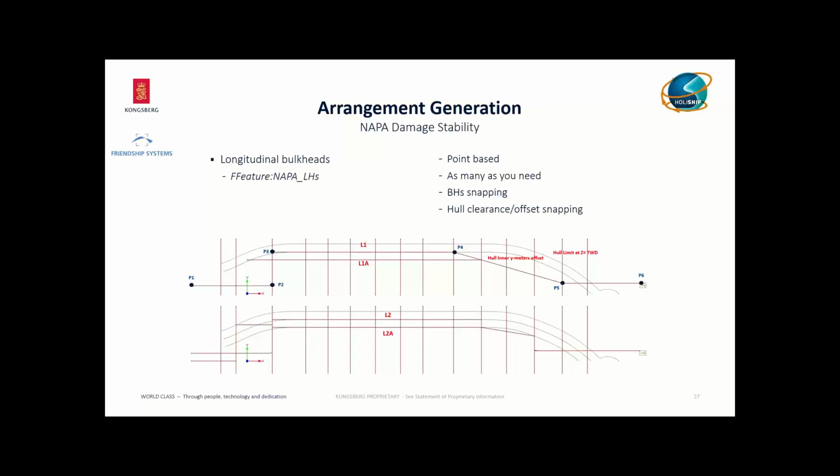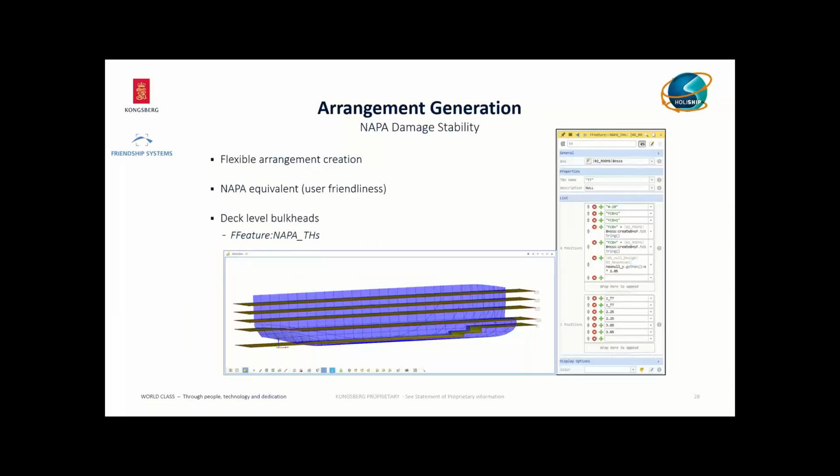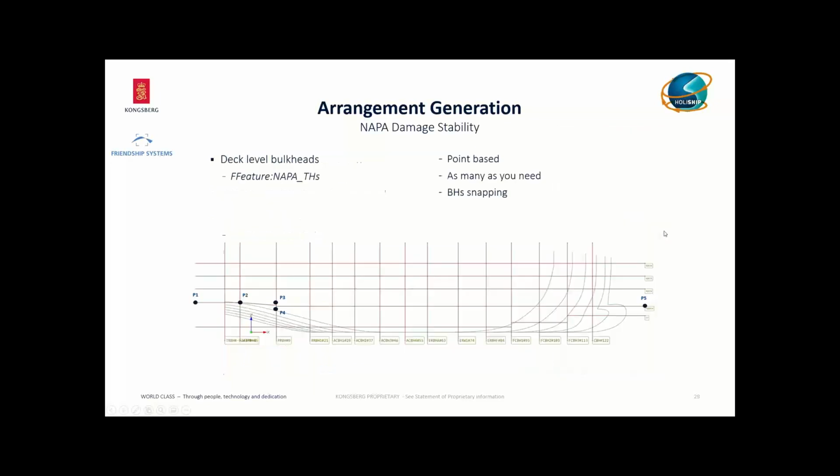So that we can always find and automate this creation. Then we need to do the same for the deck levels, and they are somewhat easier. You can see they are just flat, but some of them also have steps and different arrangements. And this can also be, you can see in the feature on the side here, how I can make it always snap to a certain bulkhead position or a frame number, for example.